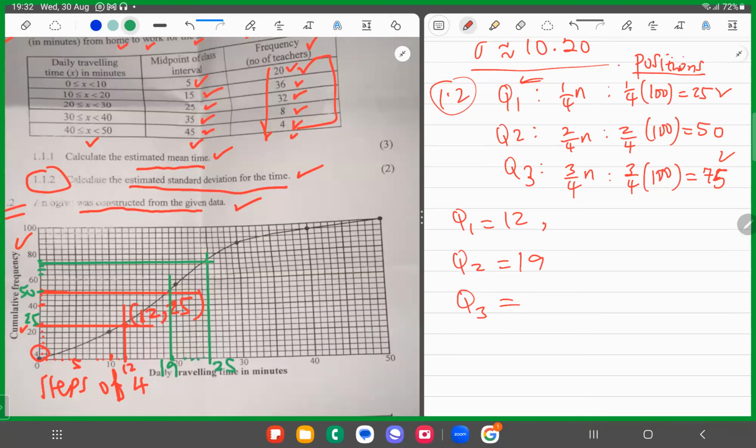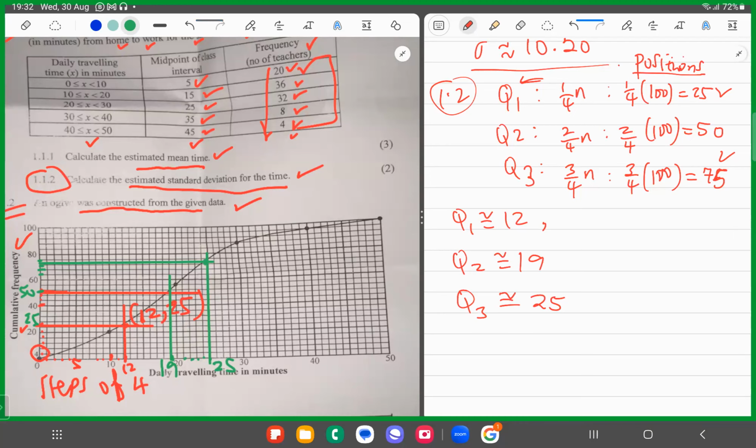So now, it means therefore that Q3 is going to be at approximately that position and it is at about 25. Okay, these are just approximate. Right, so now you have these.